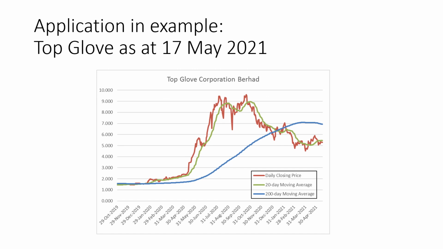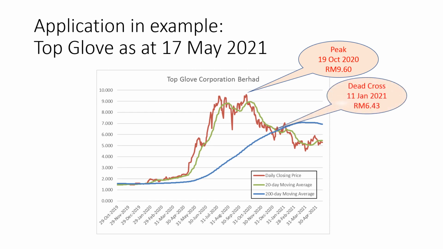The share price reached the peak of 9.60 on 19 October 2020. The death cross based on 20-day and 200-day moving average was recorded on 11 January 2021 at share price of RM 6.43.